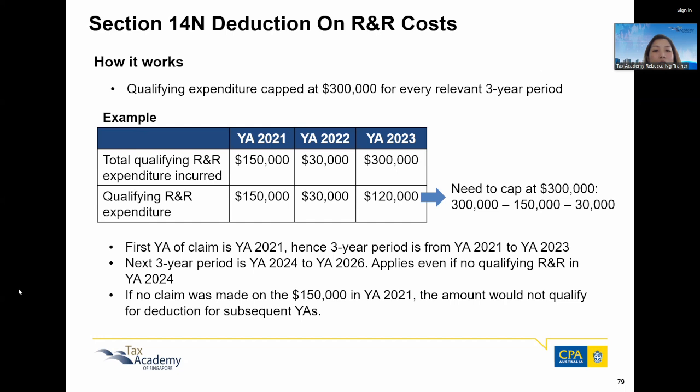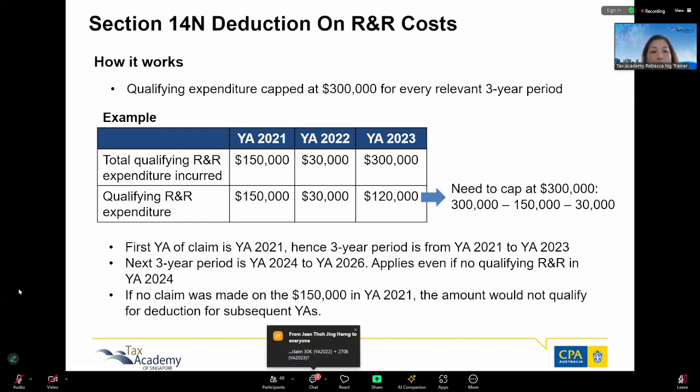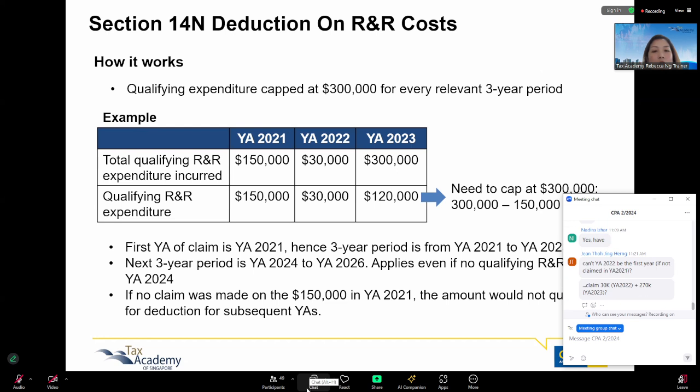Then come to 2023. I make a big renovation, and I have identified that the qualifying renovation and refurbishment expenditure is 300,000, way beyond the 300,000 cap for the 3-year period. So what do I do? I have claimed 150,000, I have claimed 30,000, so I can only claim 120,000 in the 3rd year.